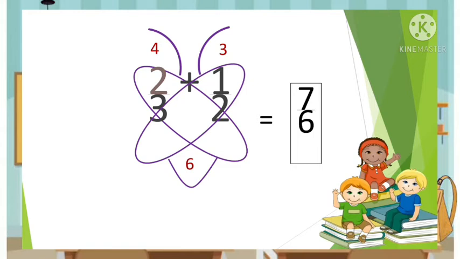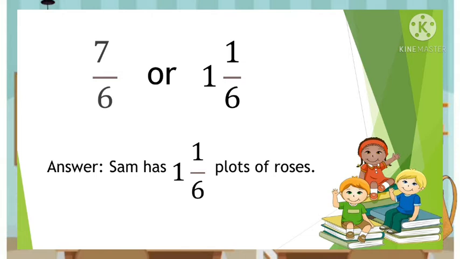And then for step 5, write the product in the body below the line, which is the denominator. Which is 7/6. Now, express your answer into lowest term if needed.